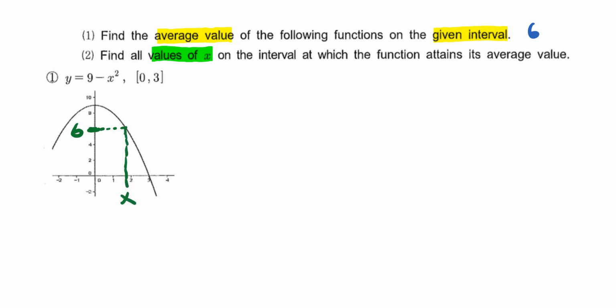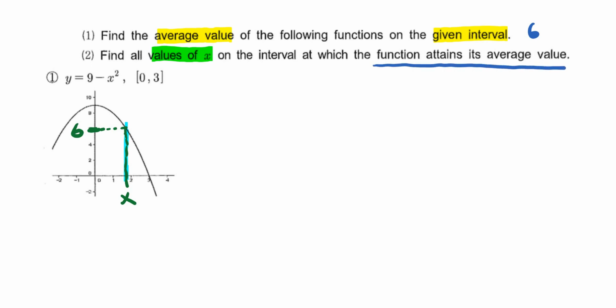The average y height is roughly 6 in this domain from 0 to 3. Obviously some heights are going to be higher than 6 as indicated by this red line, but some heights are also going to be lower than 6. But the average of all the y heights is going to be roughly 6 in that given interval from 0 to 3. Okay, let's go find the x value where the function attains its average value.